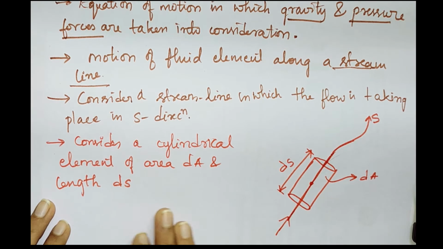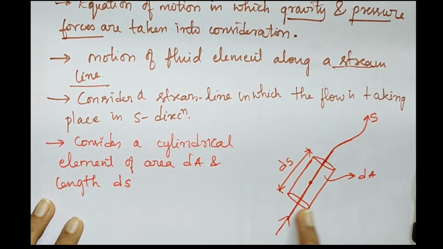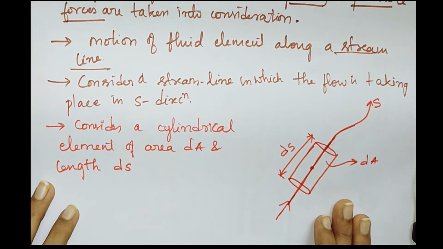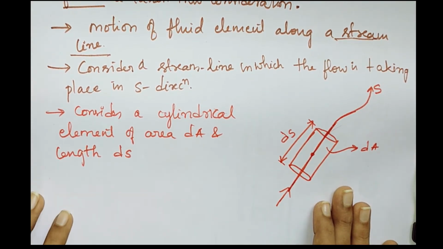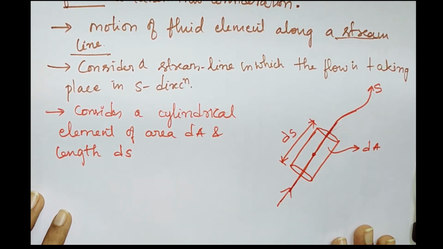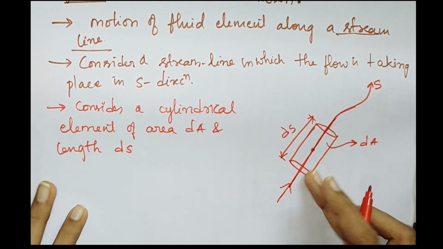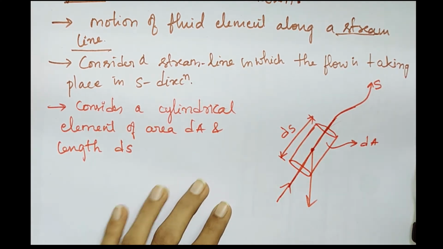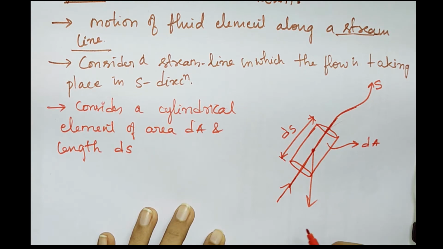Okay, so what is the next step? Next, for the cylindrical element we have considered, we are going to calculate the forces which act on it. The self weight of the cylindrical element will obviously act on it.